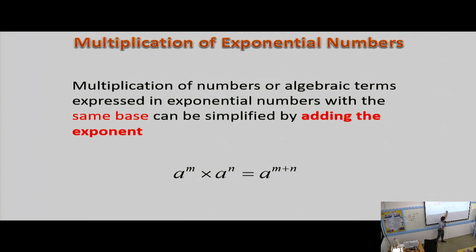Please copy this rule. Copy multiplication of exponential numbers. Not everything, only the title, the topic, and then this one. Never mind the rest.